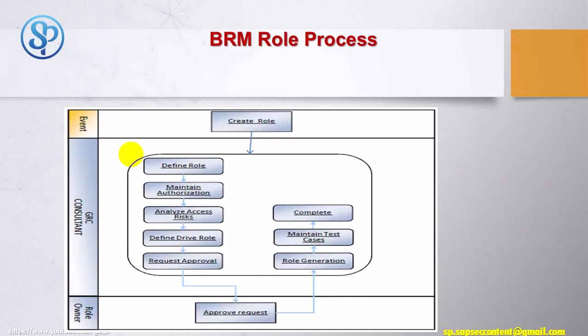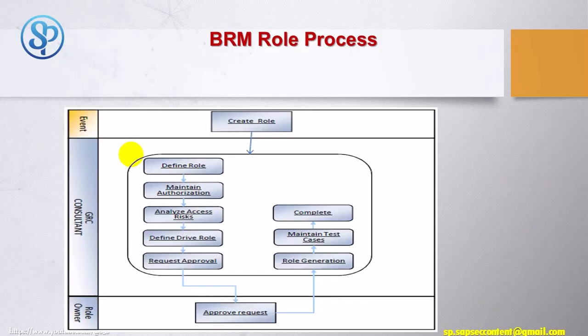If you observe this diagram, this is a picture diagram which gives a high level idea of how the BRM process will work. In the GRC system, create role. As soon as you create the role, the GRC consultant will define the role, meaning the role name and description, everything.